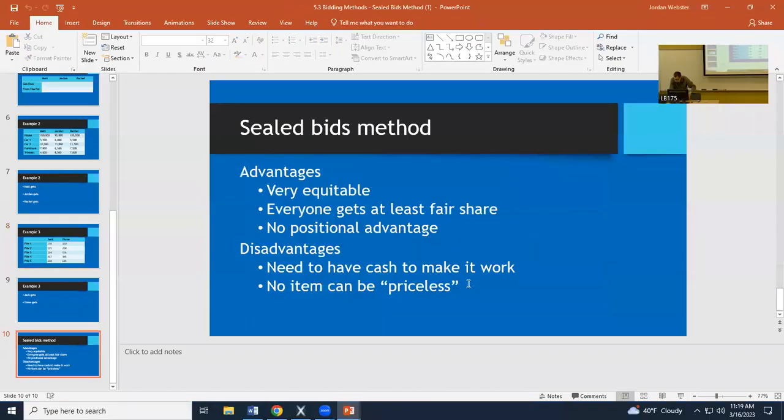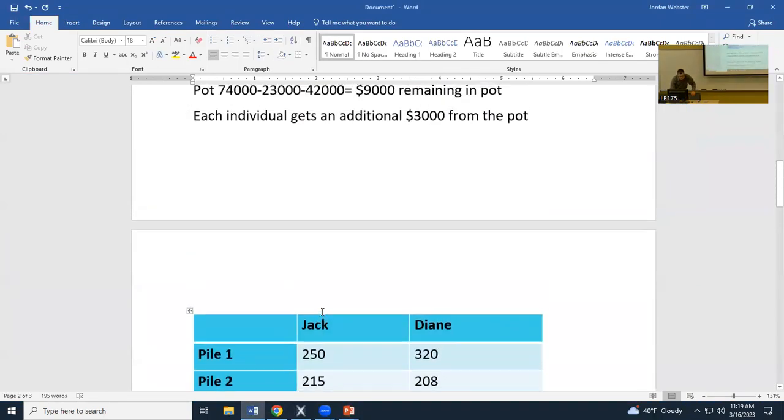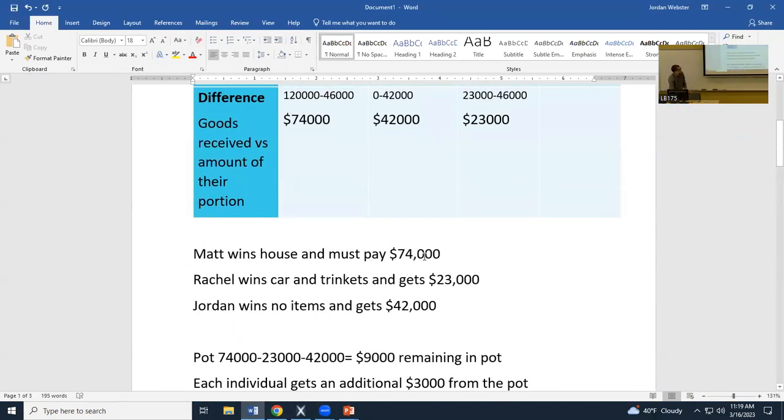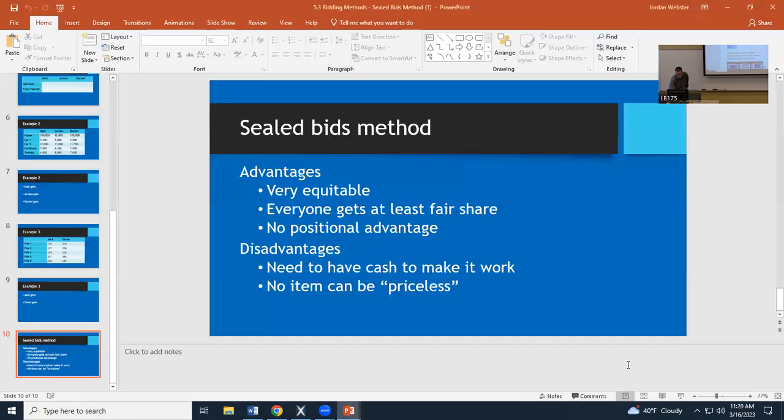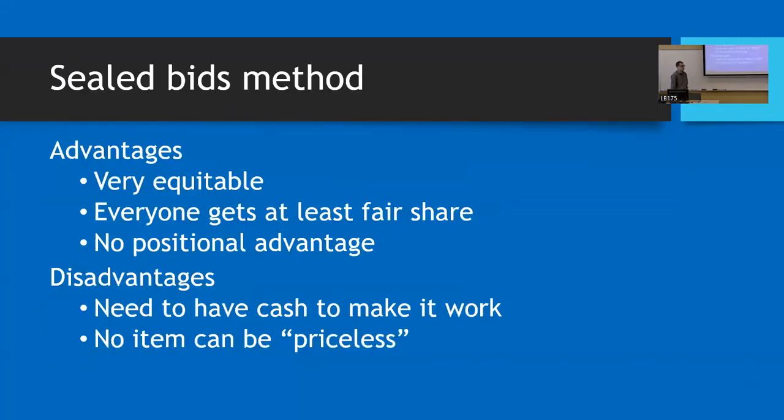If, in our example, Matt did not have $74,000 lying around, and nobody would give Matt a $74,000 loan to go out and get the house, all of a sudden this breaks down. Does that make sense? So you need to have cash to make it work. Otherwise, the process breaks down. Okay, or you need to have access to cash to make it work.